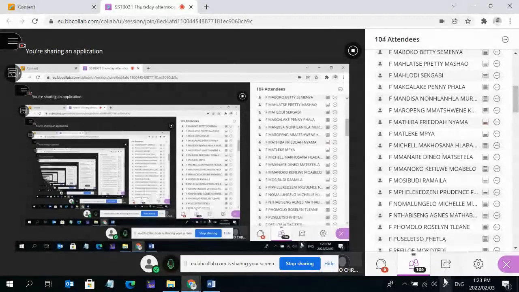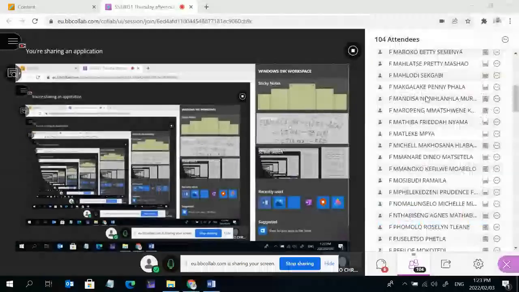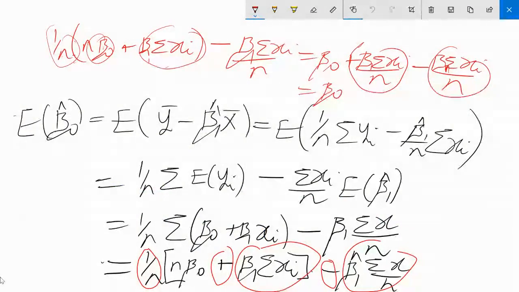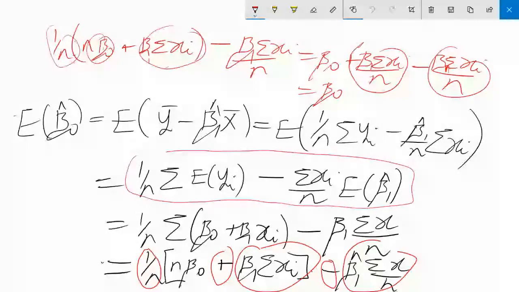So can you go back to the formula? This one? Yes. Can you explain step number 2? Why do we have the expected value of beta 1 hat? All right.